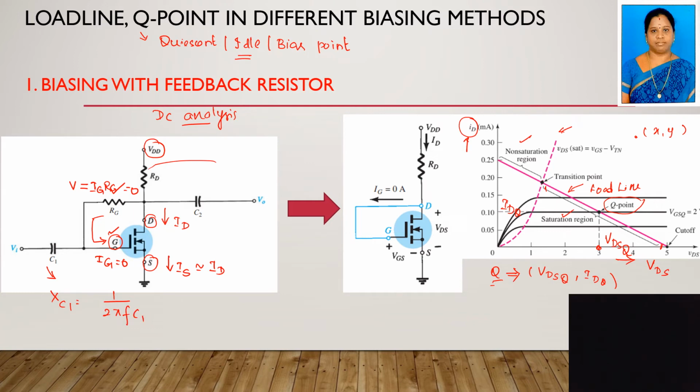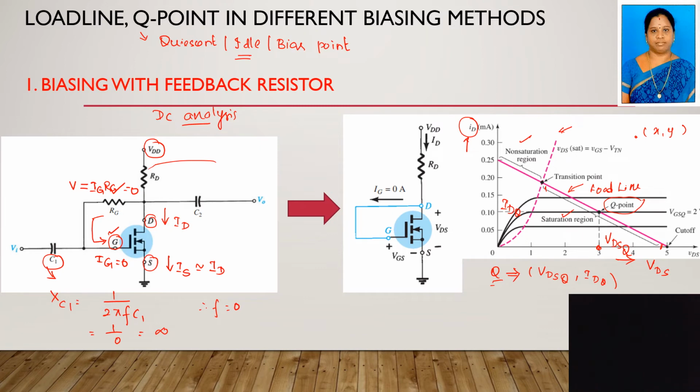For DC analysis the frequency equals 0, and 1 by 0 is infinity. That means the C1 capacitor produces infinite reactance.